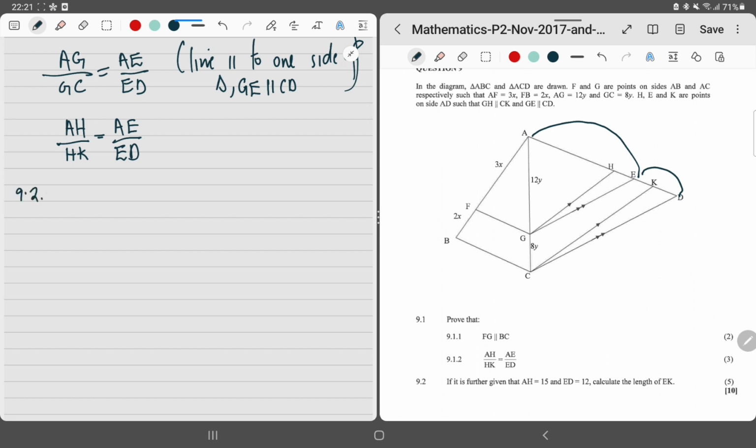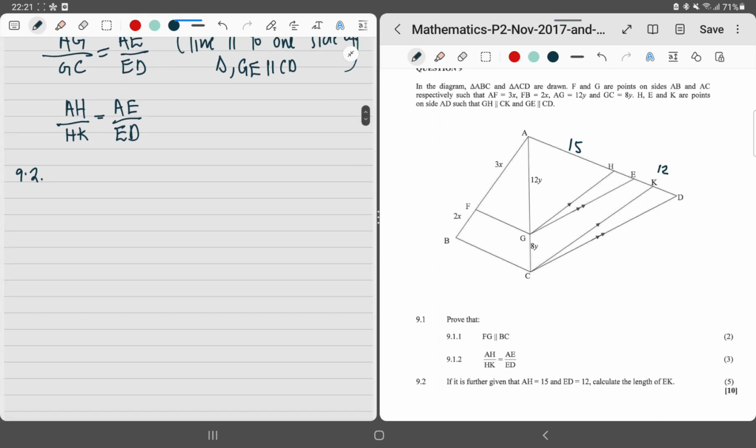Then 9.2. If it is further given that AH is 15 and ED is equal to 12, calculate the length of EK.